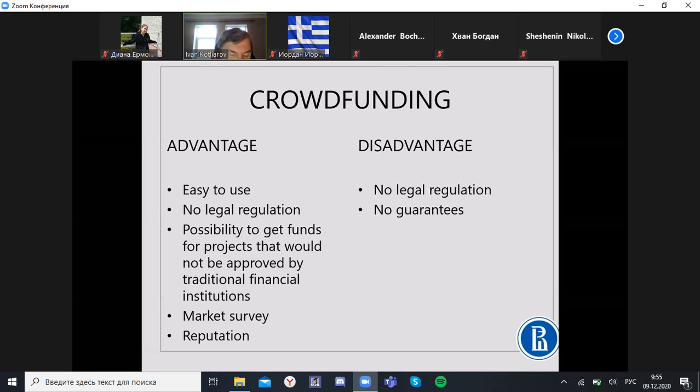In case you use official, so to say, traditional institutional models of finance like bank credit or IPO or bonds, you have to fulfill a lot of formalities. In case of crowdfunding, it is not so. You just inform your potential audience that you are interested in getting finance. That's all.